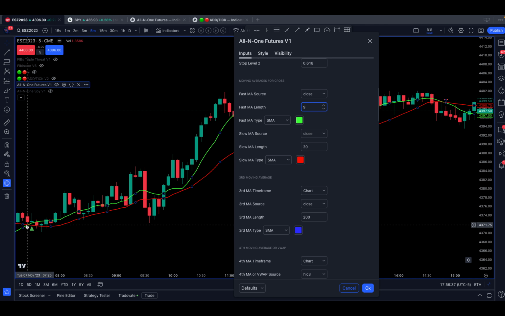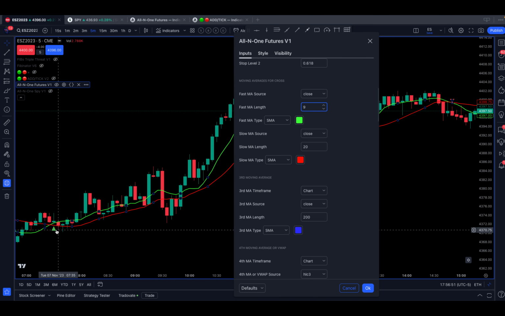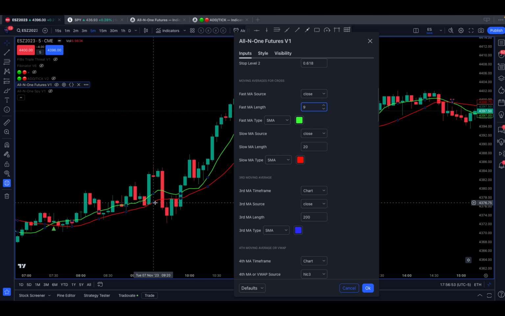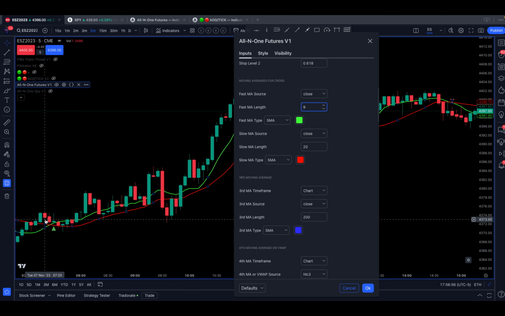It's a little bit delayed, because the cross happens here on this red candle, and the triangle plots on the candle after the actual cross. So there's a little bit of a delay, but you can get the gist of it. And you can set alerts up also, if you want it to alert you.